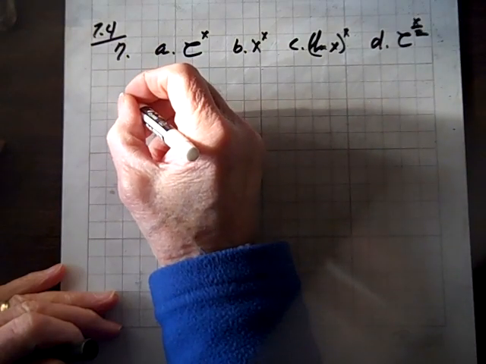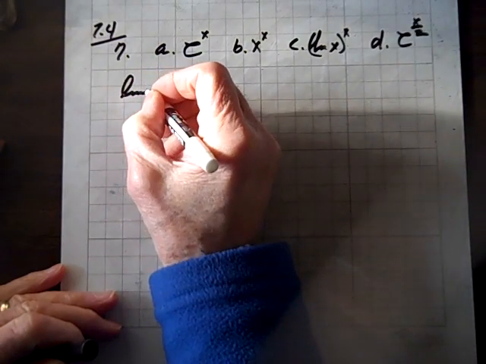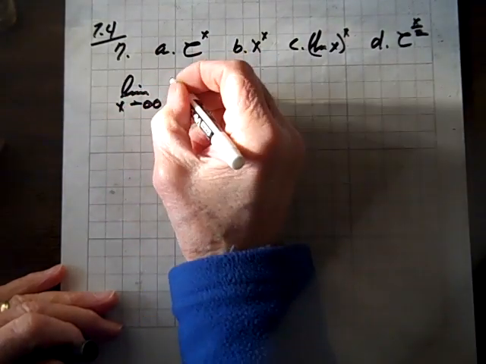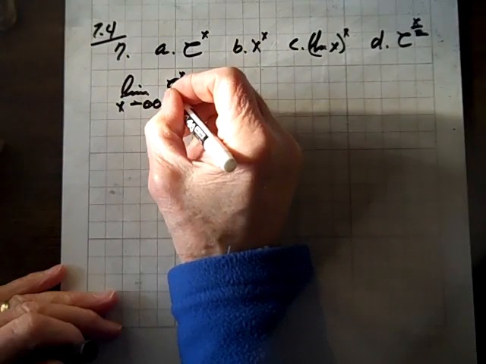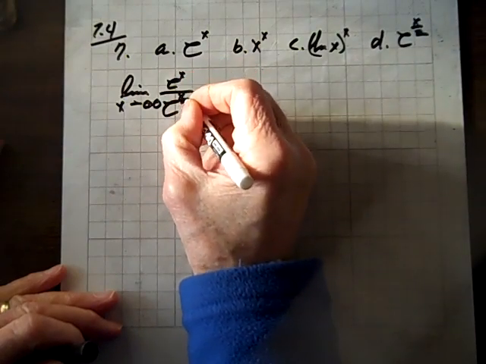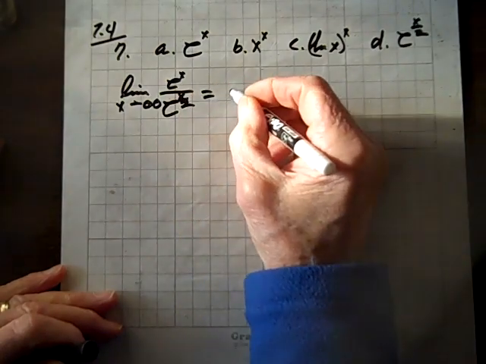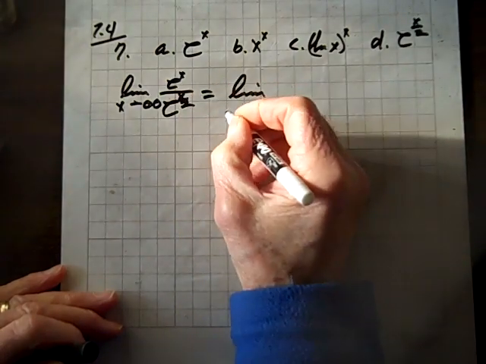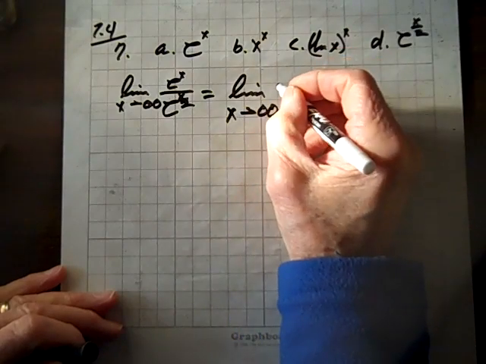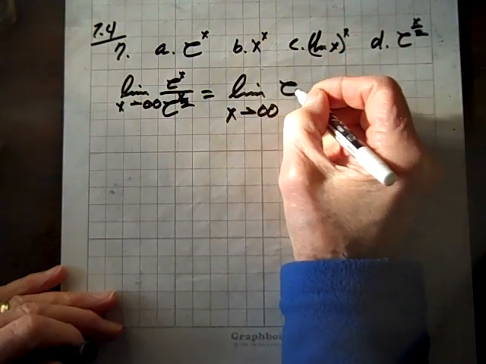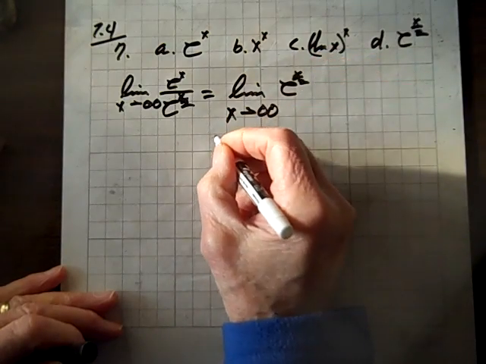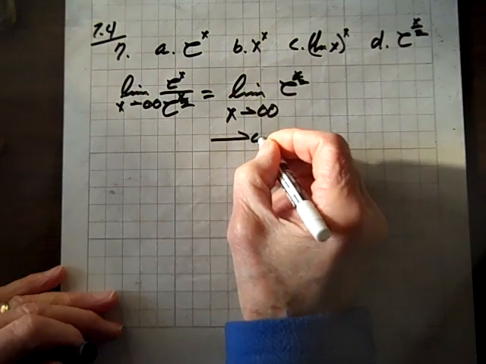So if we look at the limit as x goes to infinity of e to the x over e to the x over 2, that equals the limit as x goes to infinity of, when we simplify that, e to the x over 2, and that goes to infinity.